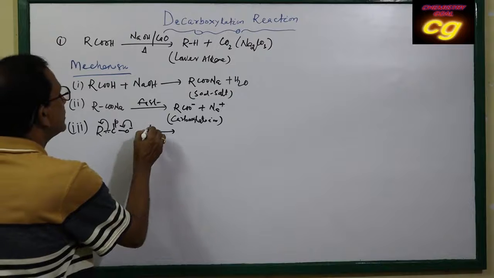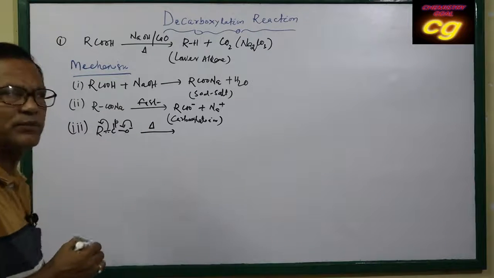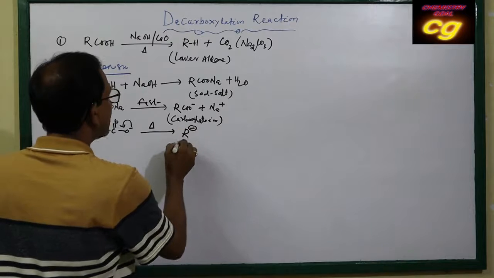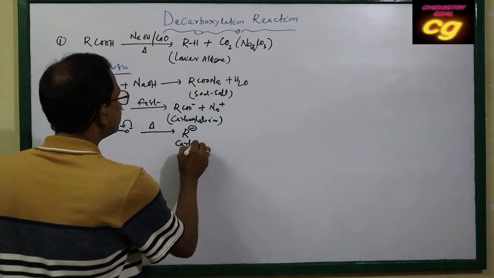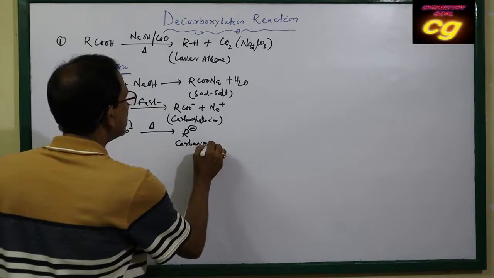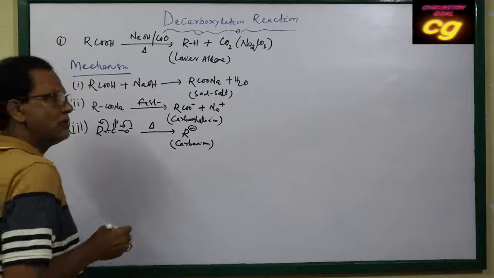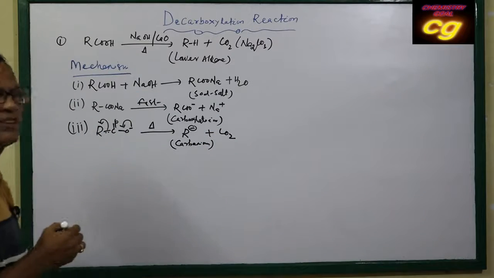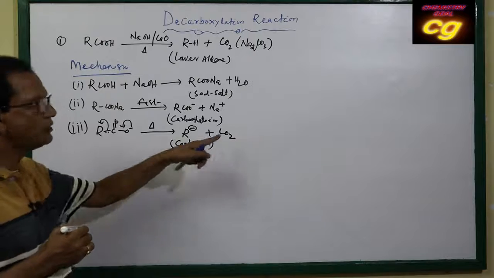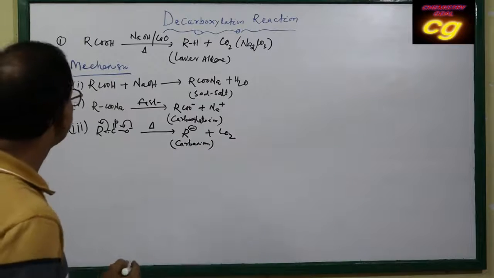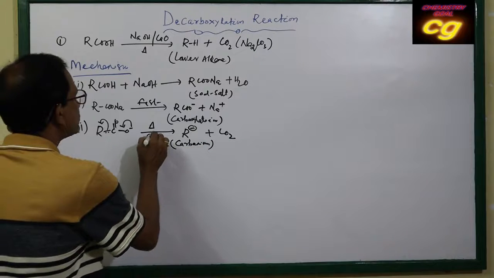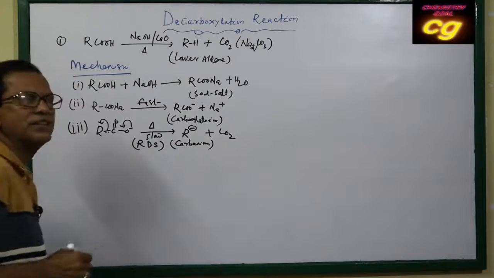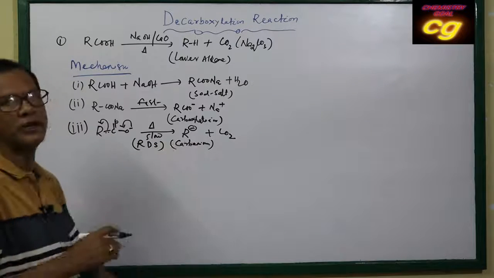This reaction mainly takes place on heating, forming a carbanion and carbon dioxide. And this step is the slow step, which is the rate determining step, RDS.